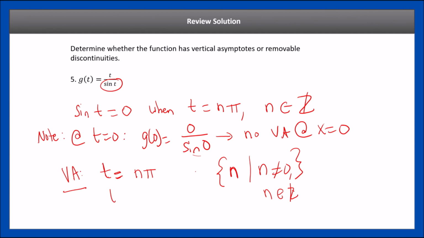So in other words, we have negative 2 pi, negative pi, pi, 2 pi, all those numbers. So infinite amount. And we have a removable discontinuity at t equals 0. Okay. All right, so that takes care of number 5.